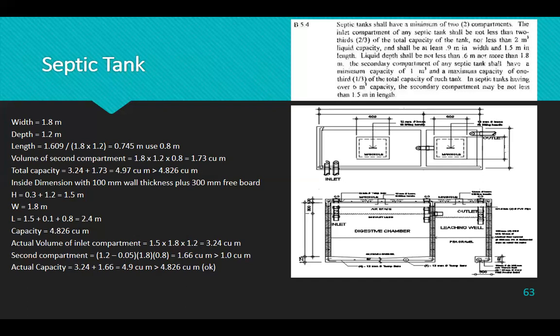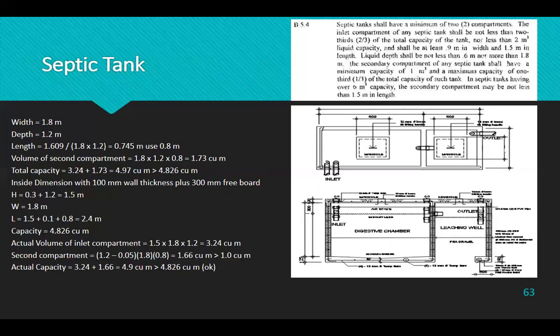So, minus 0.05, yung height na 1.2 minus 0.05, ito yung height na. Times 1.8 times 0.8 is 1.66 cubic meter. It's greater than 1 cubic meter. Hindi kasama ito. It's greater than 1 cubic meter. So, actual capacity is 3.24 plus 1.66 is 4.9 cubic meter, which is still greater than 4.826 cubic meter.